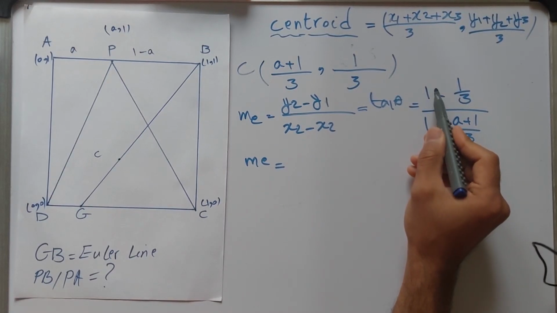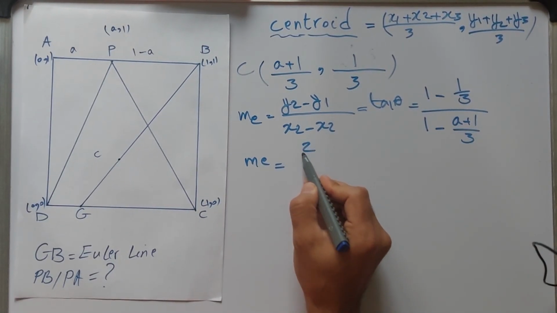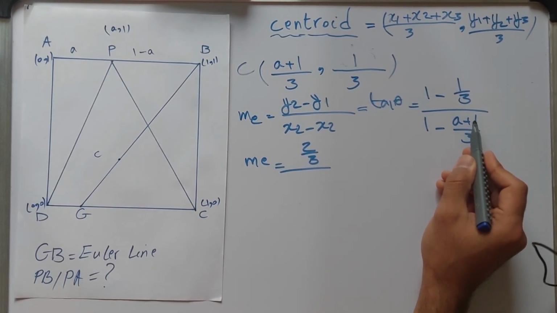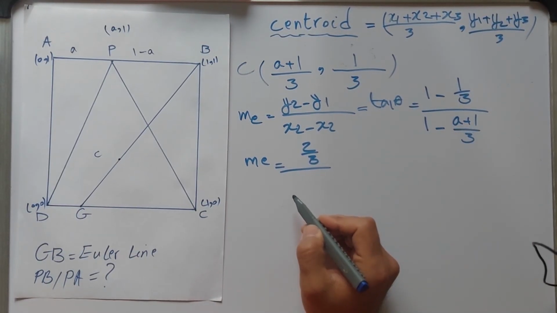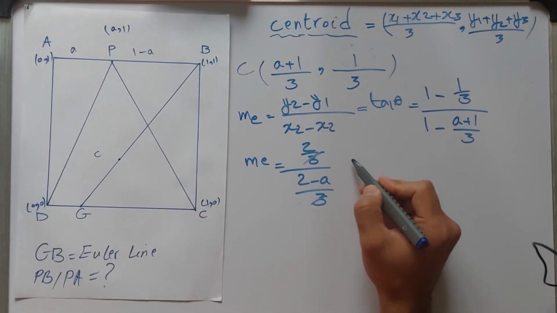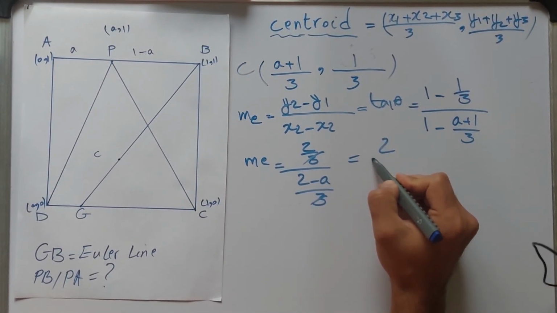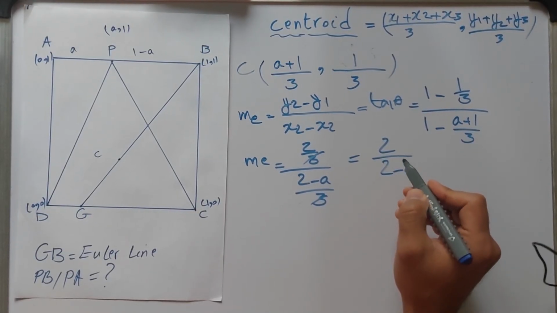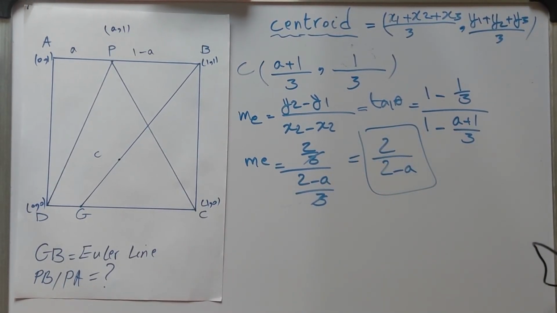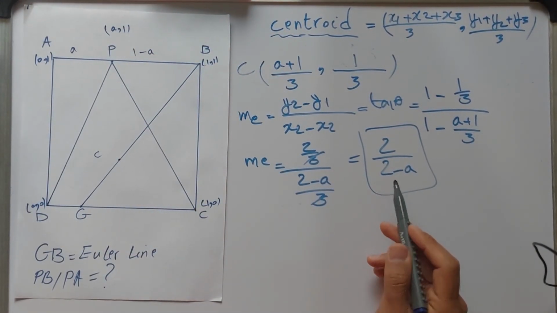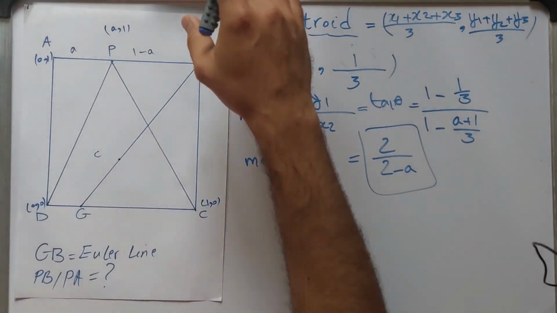So that's going to be 2/3 over 3 minus 1, 2 minus a. So 2 minus a over 3, we can cancel them out. So with the first approach, we came up with 2 over 2 minus a. That's the slope of the Euler line using the first approach.